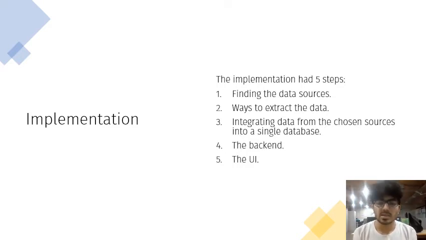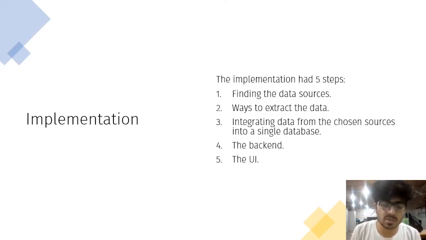The third part is integrating data from the chosen sources into a single database. Now this is a problem, because different sources have different ways of organizing data. Organizing all that data into a single database is challenging because all those databases share a different schema, and so that was a big step.